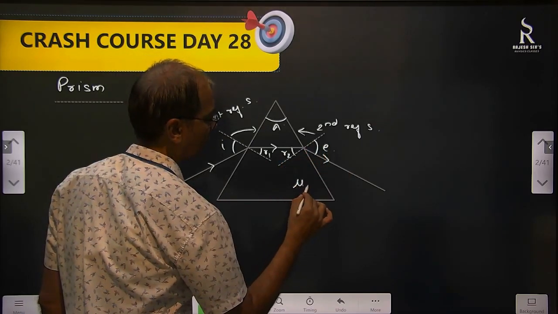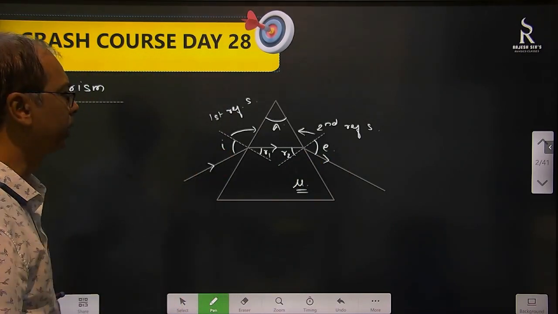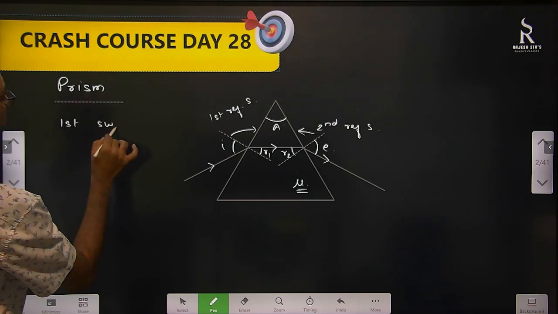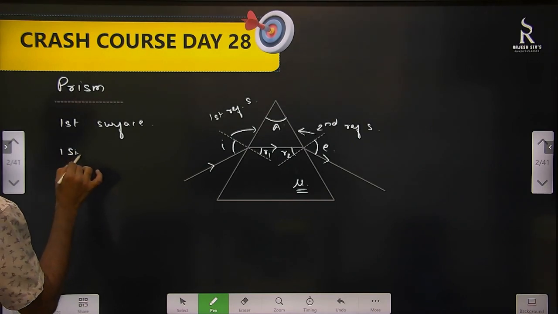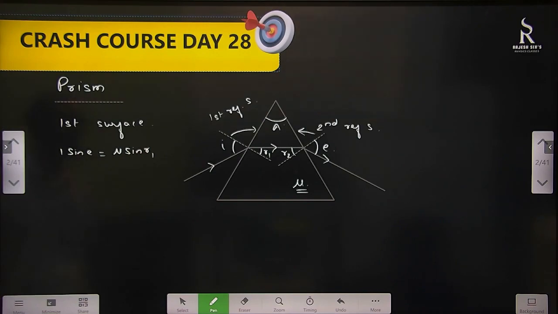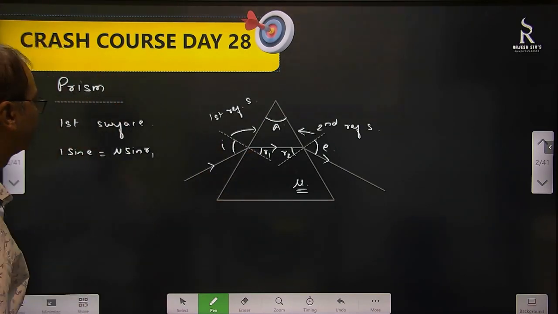Coefficient of refractive index we can say is mu. So we apply Snell's law over here on the first surface. What we are getting? 1 sin I equal to mu sin R1. Then you apply on second surface.